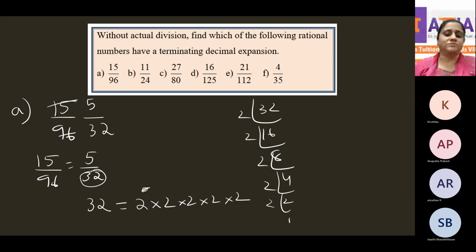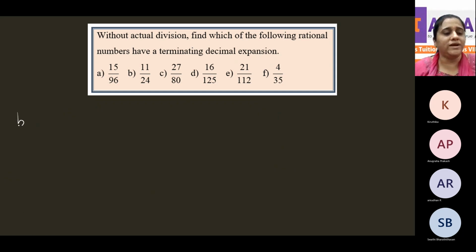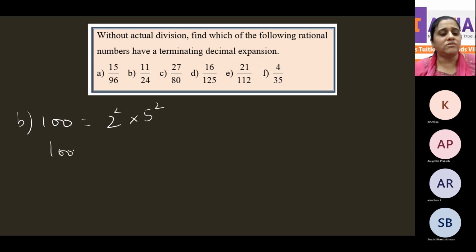Like 50. Now 32 is 2 to the power 5. If you take 100, 100 is 2 square into 5 square. If you take say a 200, 200 is what? 25 eights are 200. So 8 is 2 cubed and 25 is 5 square.